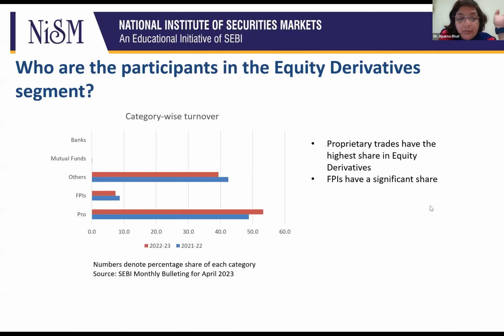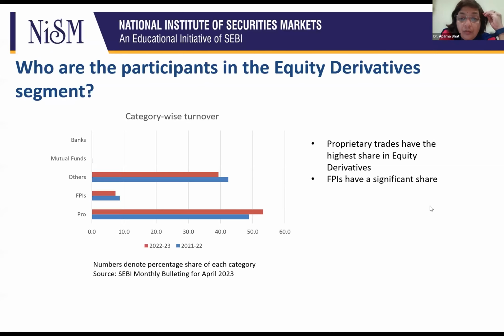Even FPIs, that is the foreign investors, have a very decent share of nearly 8%. Whereas mutual funds have almost zero share in the equity derivatives market, and banks again have zero share.